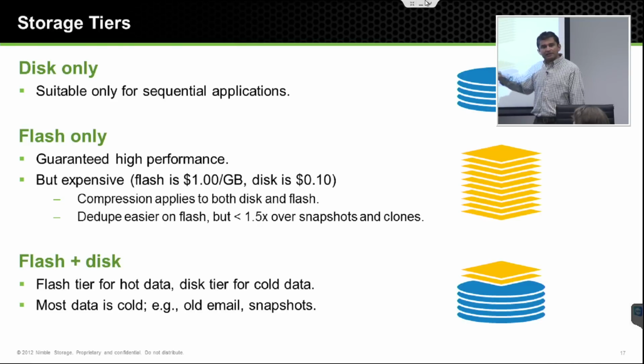But if you look at its incremental benefit over what compression already provides and what snapshots and clones provide, that is pretty limited. And even that's not very dependable. It's generally less than 1.5x. So even with deduplication, there's still a big gap in the cost of capacity.